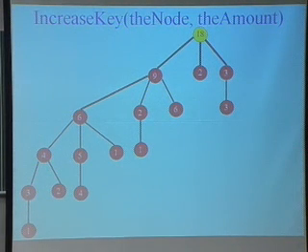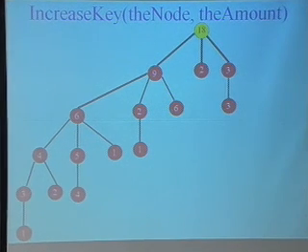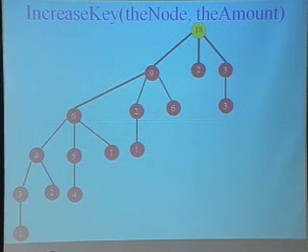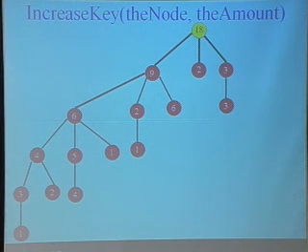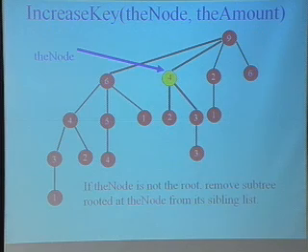Any questions about how we propose to implement the increase key operation? The constraint is that the amount cannot be negative, right? Yeah, the value of the amount cannot be negative. And the reason you have that constraint, of course, is that if you decrease the value, you can't ensure that you have a max tree.